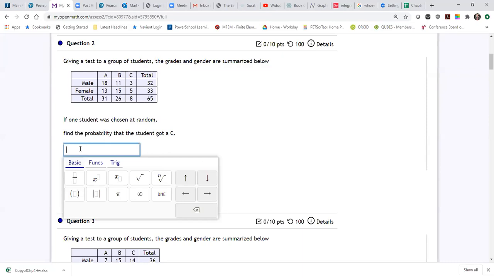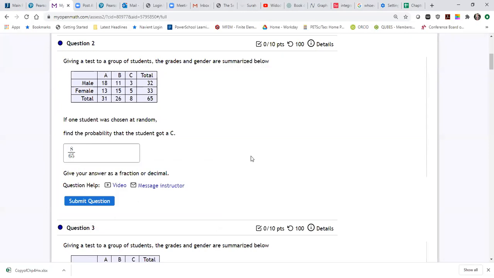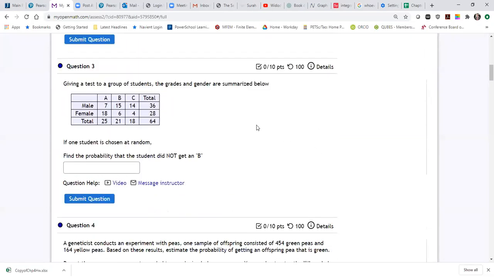So the answer will be 8 over 65. We can submit it. And for question 3, giving a test to a group of students, the grade and gender are summarized below. So it is the same thing, but you got a different question here.